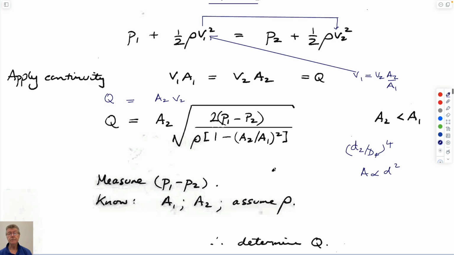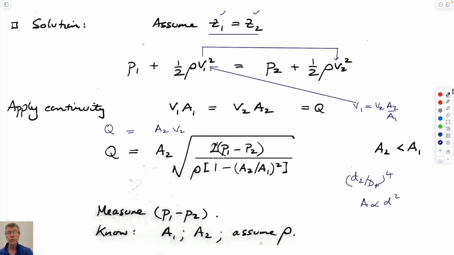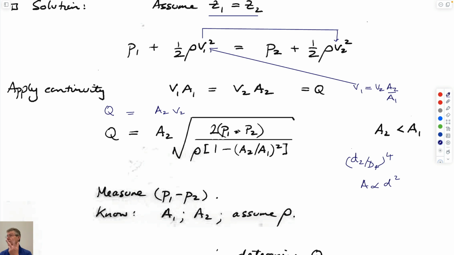And a standard result. So you know the cross-sectional area of flow. You know the pressures upstream and downstream from the gauge. You know those areas, and you know the density of the fluid, hopefully, and you get a volumetric flow rate. So no impellers or anything measuring flow rates that have moving parts, purely solid state measurements.